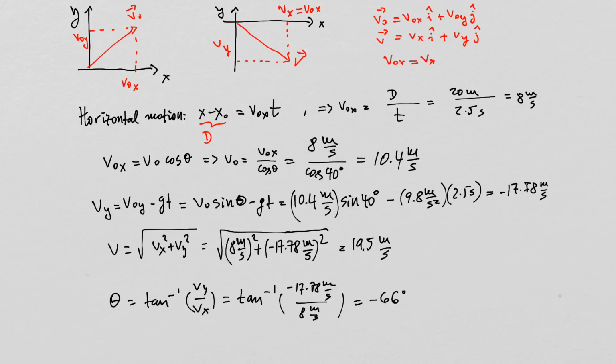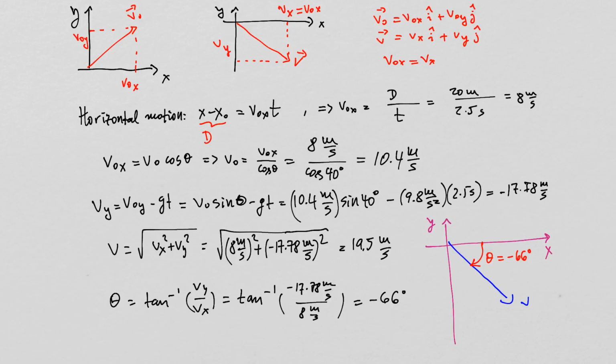So let's fix that. Here we go. So the vector is somewhere here, and the angle is this one, theta equal to negative 66 degrees. Again, the minus sign is because the angle is measured from the positive x-axis, but in the clockwise direction, in this direction of rotation.